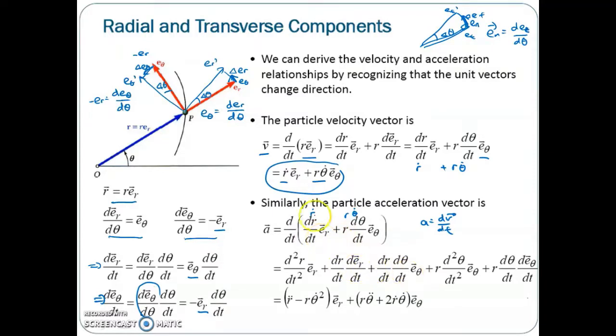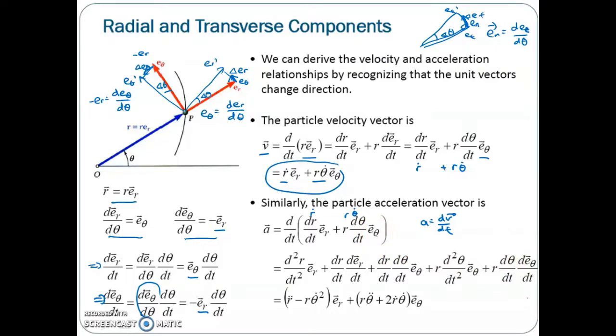Then we plus this particular part dr dt, d theta dt, e_theta. Then we have r d2 theta dt squared e_theta, and finally r d theta dt, and this de_theta dt.